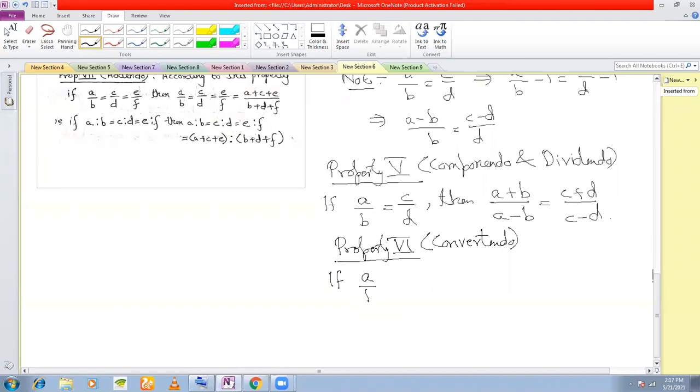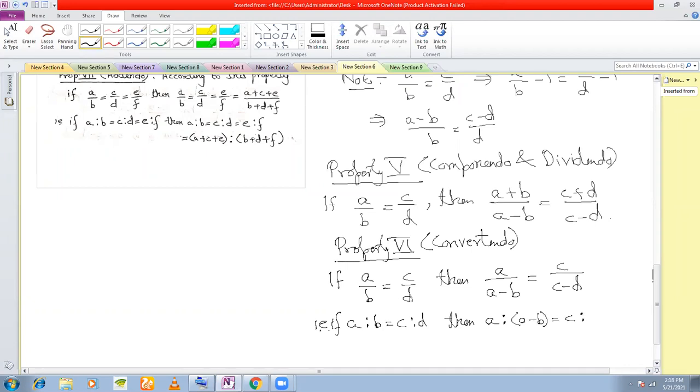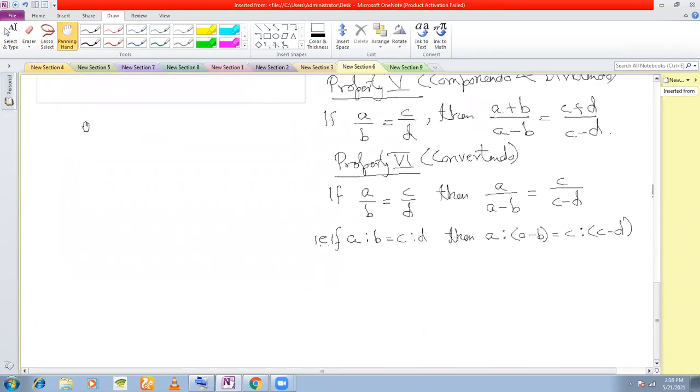If you have a by b is equal to c by d, then a by a minus b is equal to c by c minus d. That is, if you write in ratio notation, if a is to b is equal to c is to d, then a is to a minus b is equal to c is to c minus d. That is what convertendo is.